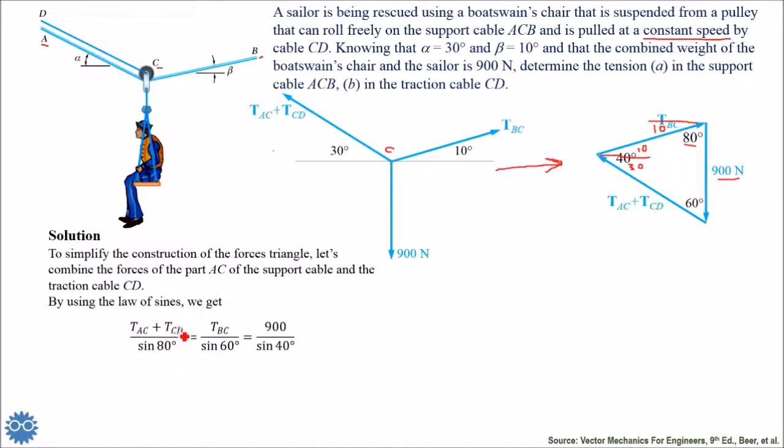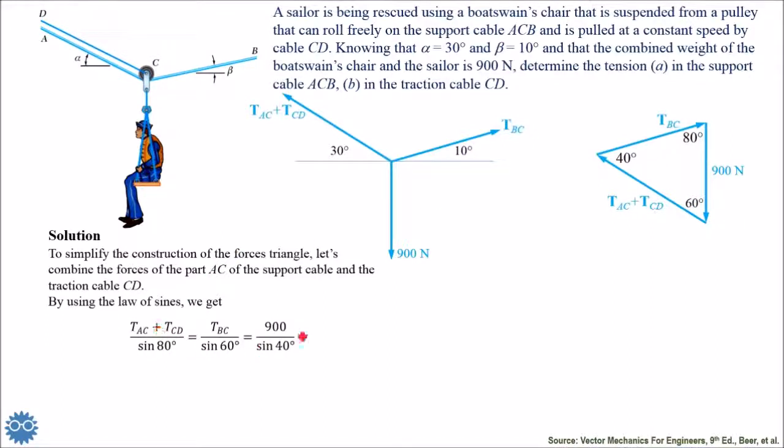TAC plus TCD, the combined tensions, over sine 80. Let me clear up the screen for a clearer view. So here we have 900 over sine 40, we have TAC plus TCD over sine 80, and we have TBC over sine 60.